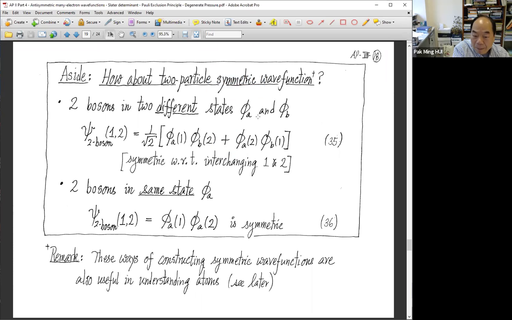But if you think back to our ground state problem, if we have two particles in the same state, when A equals B, then we don't need to do this. In fact, we can write it down like this. This is also symmetric.